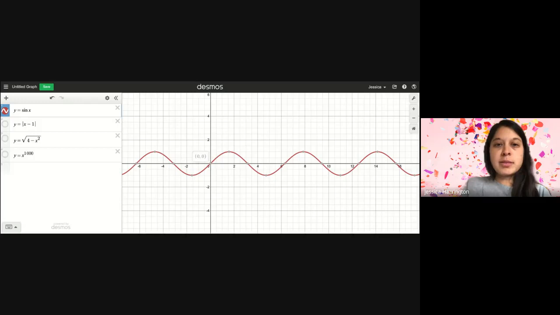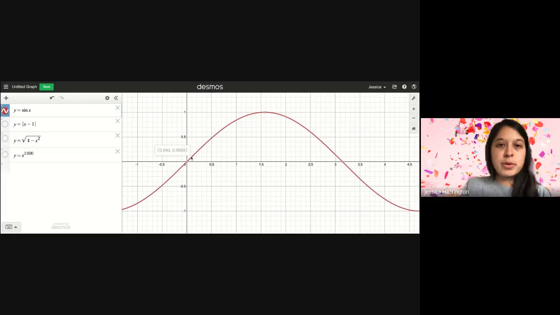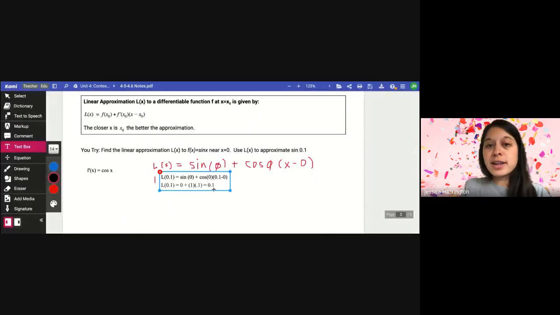When x is 0.1, you can see the value of y is also around 0.1. Oh, so 0.0998. So how close were we? The actual value was 0.0998. So we were really, really close, right? Why? Because 0.1 is pretty close to 0.